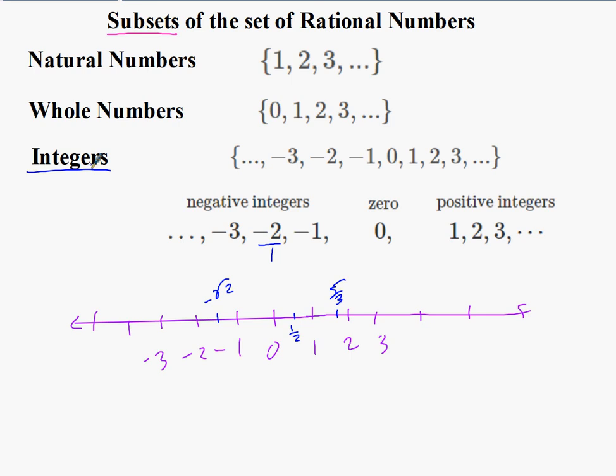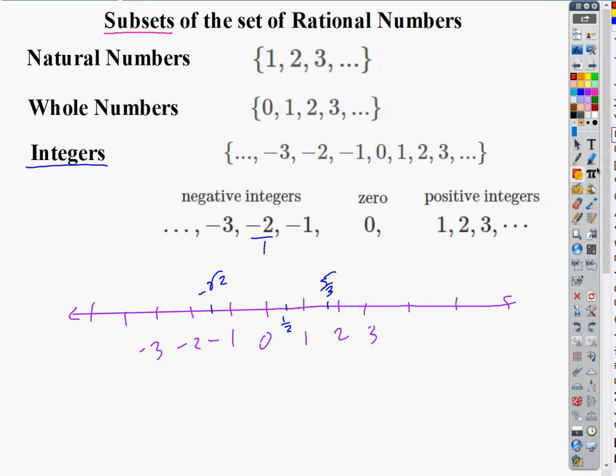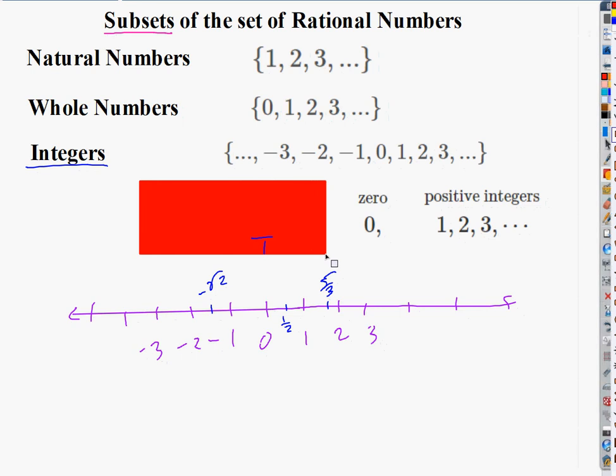Well, we could even go a little bit further than that. We could be more descriptive. If we say an integer, we're talking about any number that sits on a hash mark on the number line. What if we restrict that just a little bit more? What if we eliminate the negative integers, and we're just left with 0, 1, 2, 3, 4, 5, 6 forever, right? Well, that's what we call the set of whole numbers.